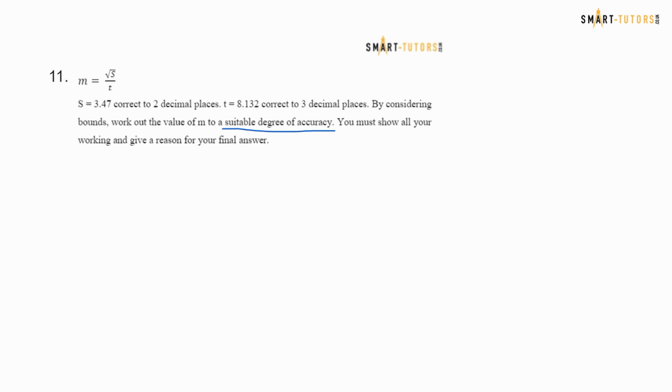In this type of question, you need to find M's upper bound and also M's lower bound, right? Let's say that there is a denominator and a numerator. So M's upper bound should be square root of S, the top one has to be the higher one, so upper bound, divided by T's lower bound.